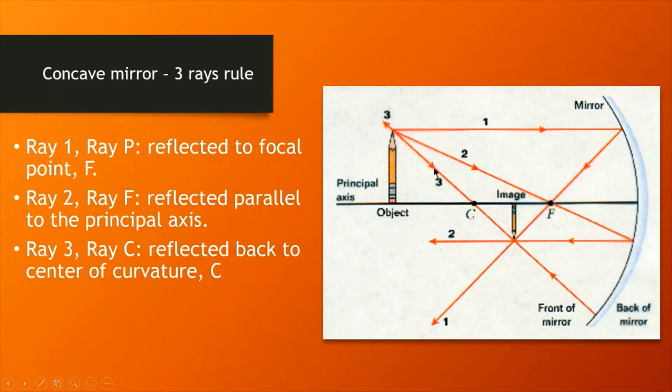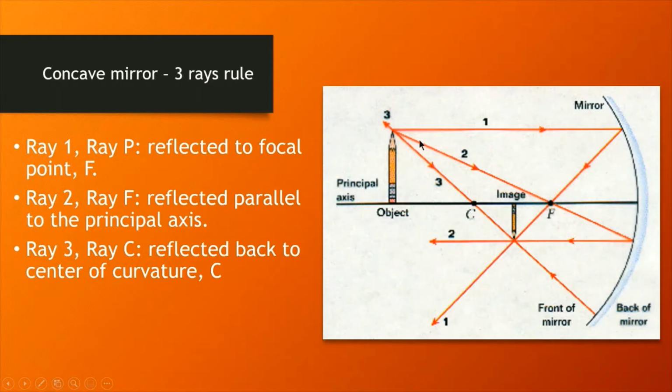Okay, now let's reinforce this. In this graphic here, it shows ray 1, but I would prefer to call it ray P. P stands for parallel, right? So it means the incident ray is parallel to the principal axis. So this ray P is reflected by the concave mirror towards the focal point.